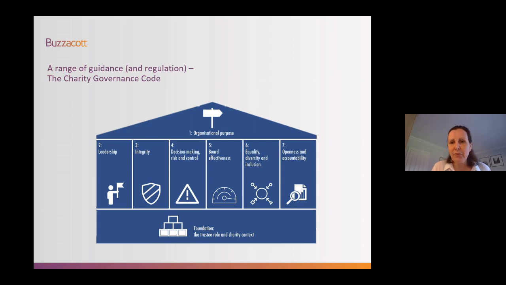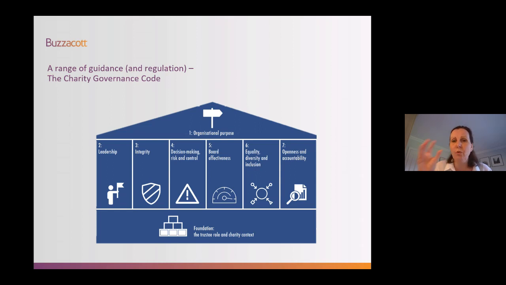So in terms of some of these areas set out here, just to give you a little bit more depth on some of these areas and things that the board in its governance should be thinking about. In organisational purpose, this is looking at your vision, your ethos as a trust, the aims, having a strategic plan with agreed outcomes.